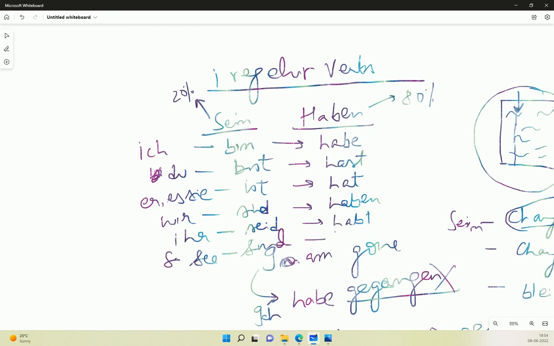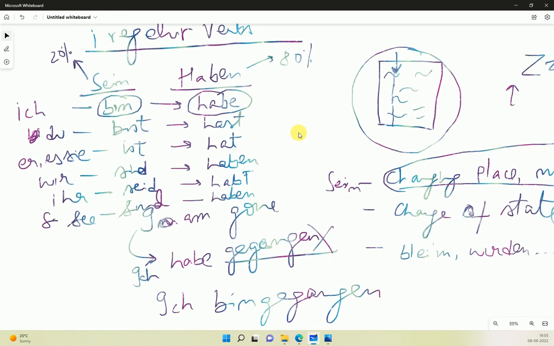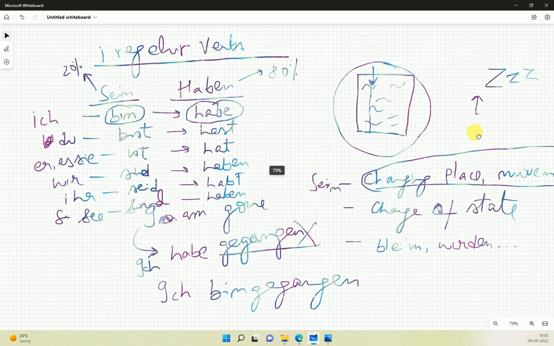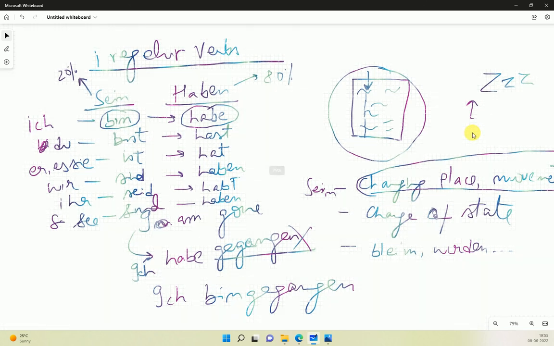Sie haben, which always stays in the infinitive. Right. So like the example I gave, I am gone, ich habe gegangen, right? In I am gone you will be confused whether I should use ich bin gegangen or ich habe gegangen. So always remember this rule: if there is any change or movement, if there is change of place or any movement in the sentence, then we have to use bin. Okay.